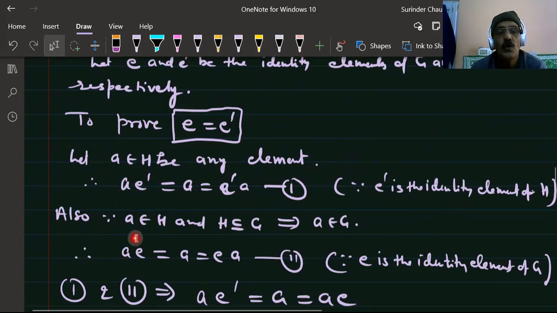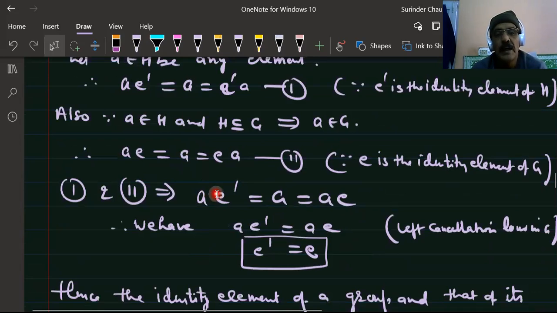Now also, A belongs to H, which is a subset of G, because H is a subgroup of G. So A also belongs to G. G is a group, and E is the identity element of G. Therefore, A into E is equal to A, second. First and second imply A into E dash is equal to A, and A into E is equal to A. This implies A into E dash is equal to A into E.